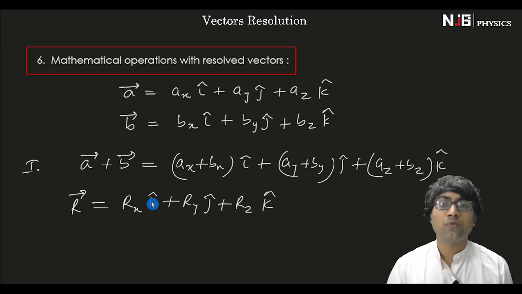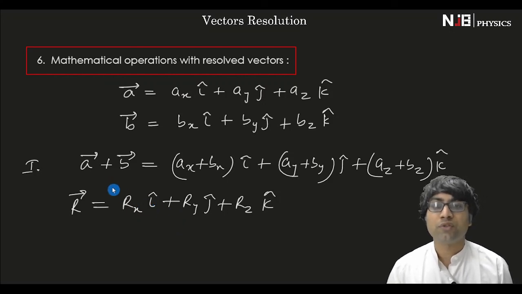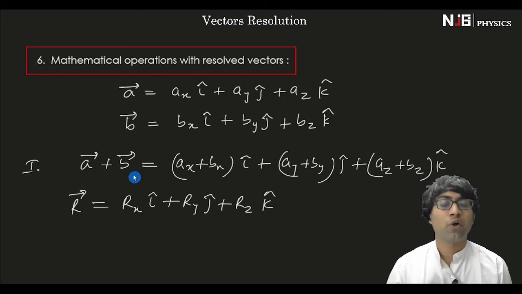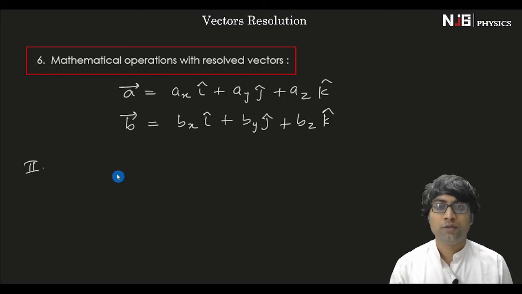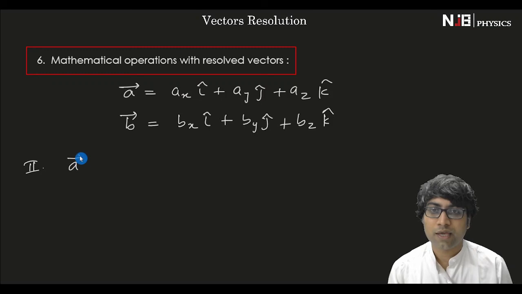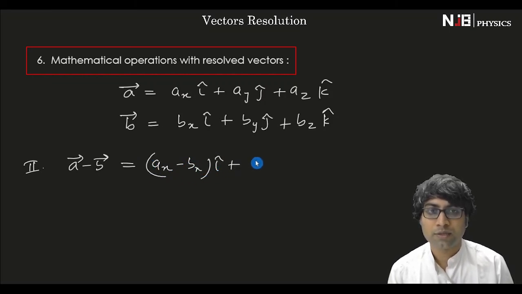Let's talk about what if you want to do the difference of the two vectors. That means you want to do a vector minus b vector. Well, you can already guess it. So a vector minus b vector is going to be equal to (ax minus bx) i cap plus (ay minus by) j cap plus (az minus bz) k cap.